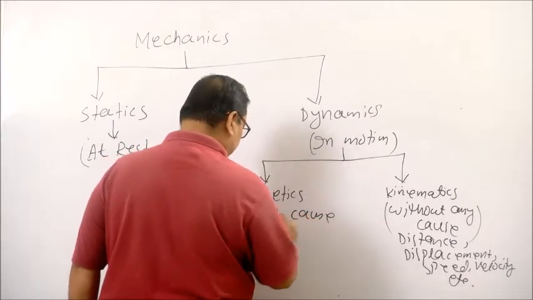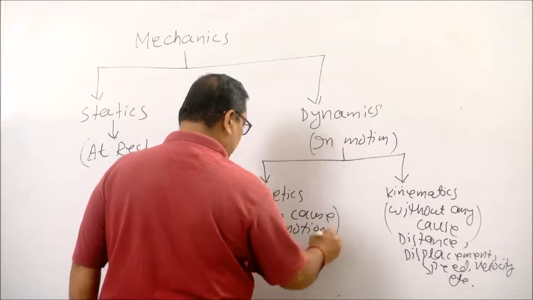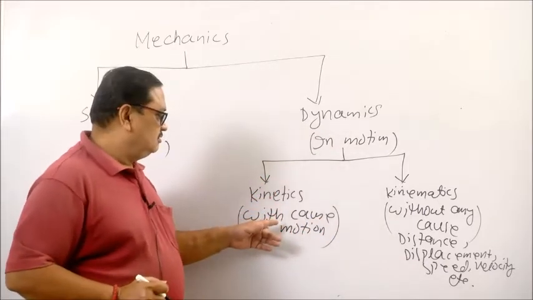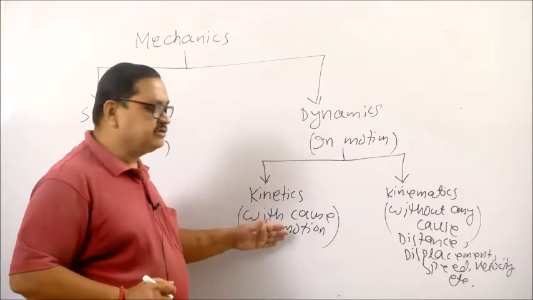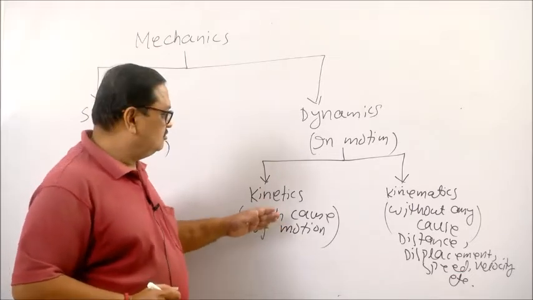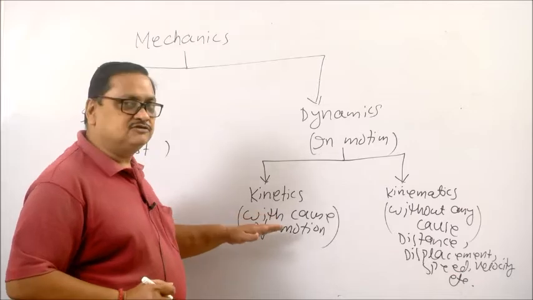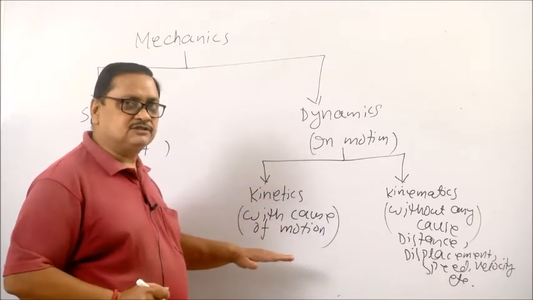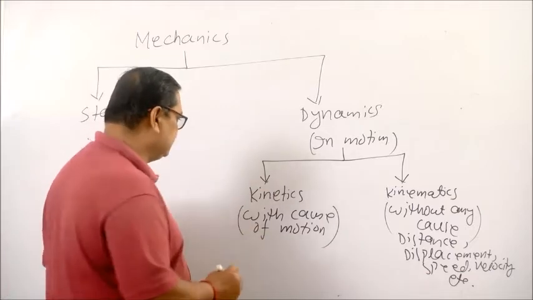But kinetics is branch of dynamics which deals with study of a body with cause of motion. That means a body is in motion. What is the cause? The basic cause of motion is force. So, mechanics which deals with study of motion with cause force is known as kinetics.